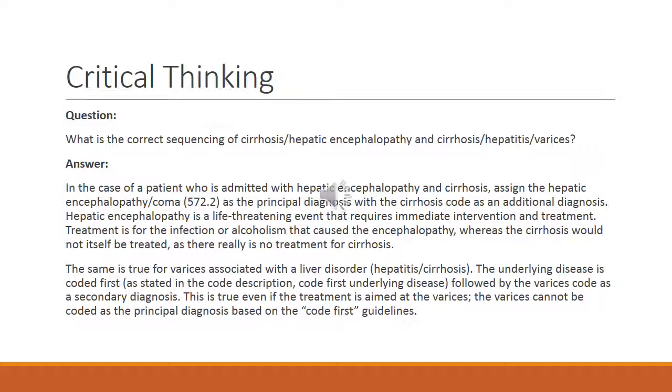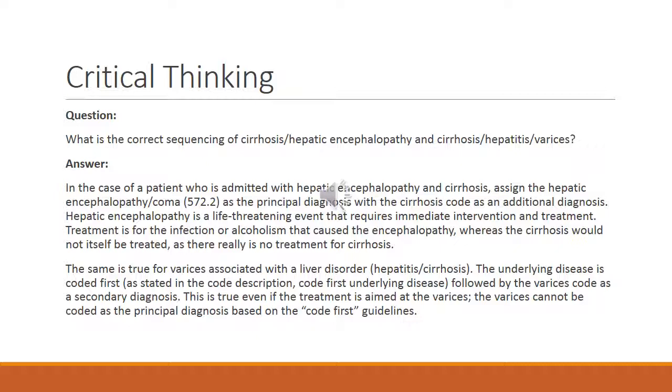Okay, our last question. What is the correct sequencing of cirrhosis and/or hepatic encephalopathy, and cirrhosis and/or hepatitis and/or varices? Our answer is, in the case of a patient who is admitted with hepatic encephalopathy and cirrhosis, assign the hepatic encephalopathy and/or coma, which is 572.2, as the principal diagnosis, with the cirrhosis code as an additional diagnosis.